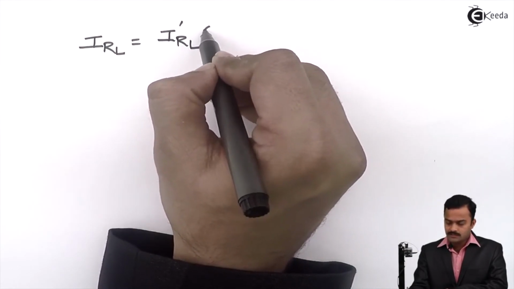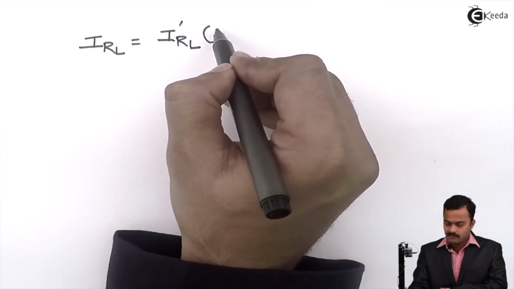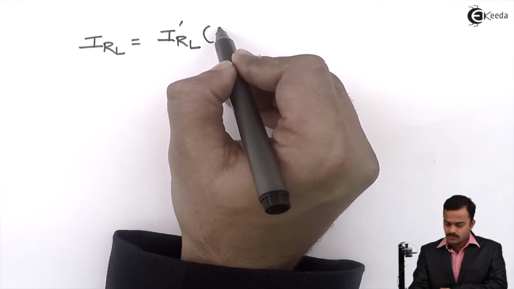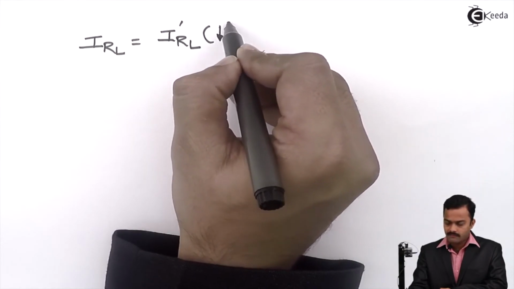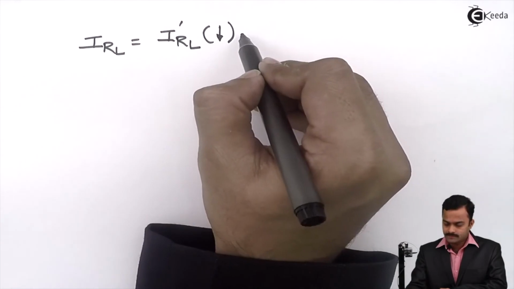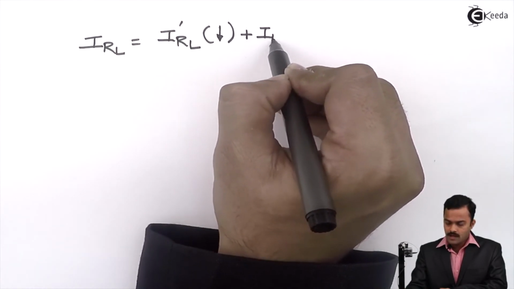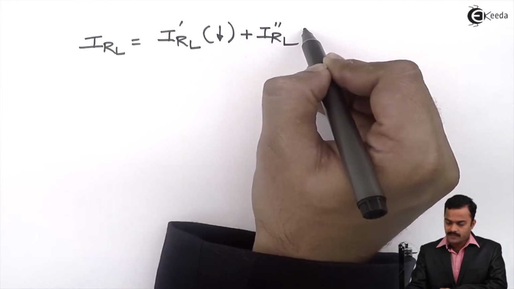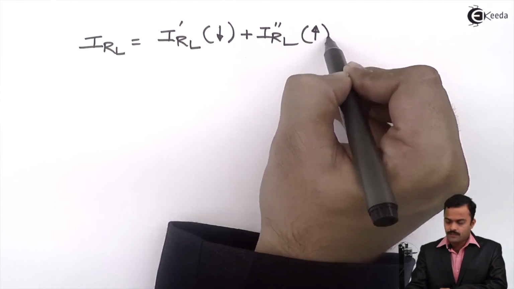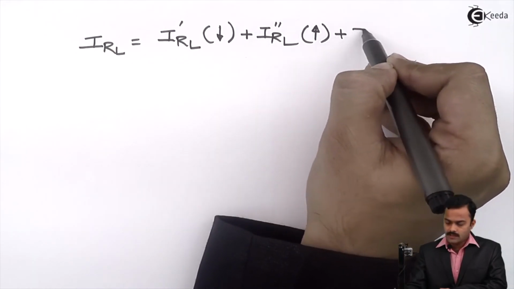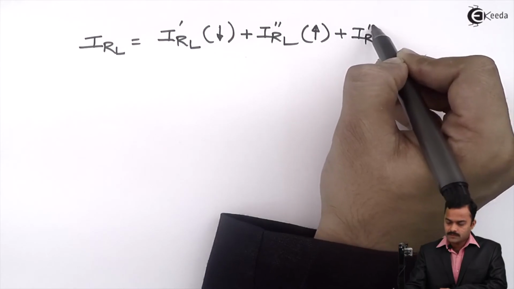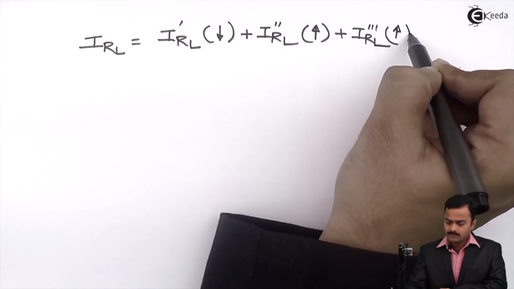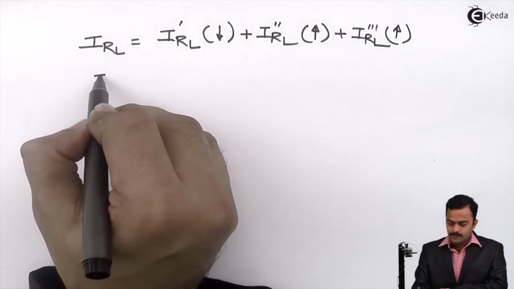Since I am getting different current directions, I will mark current directions also. IRL dash has a current direction downward, plus IRL double dash having current direction upward, and third IRL triple dash also having current direction upward.